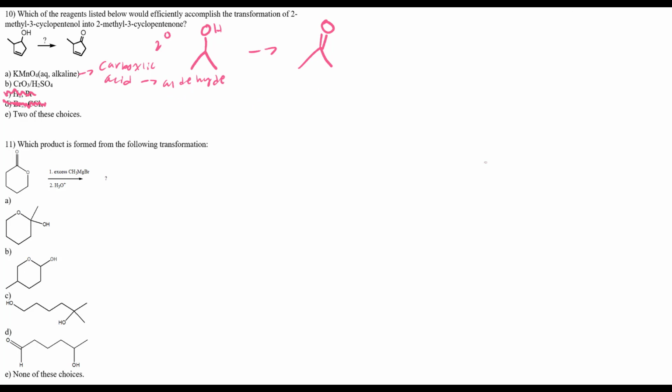Or rather, I'm sorry, I was thinking about something else. It actually makes primary alcohols into carboxylic acids. I don't know why I said that. My mistake. It's really early in the morning.